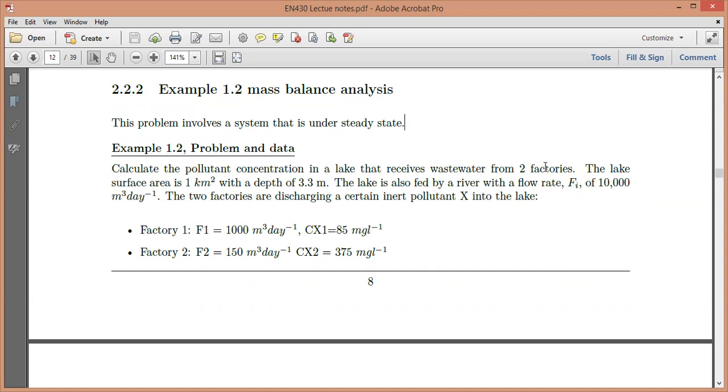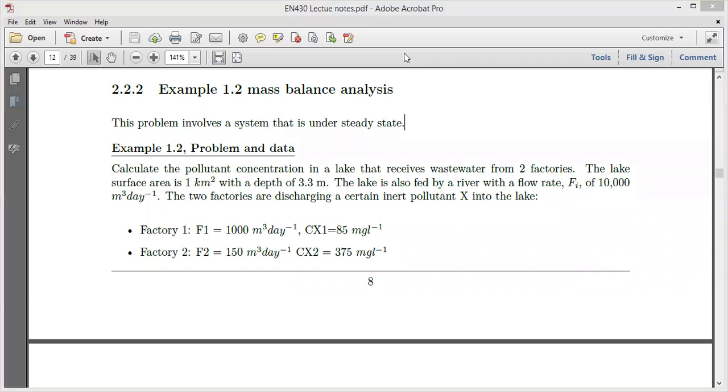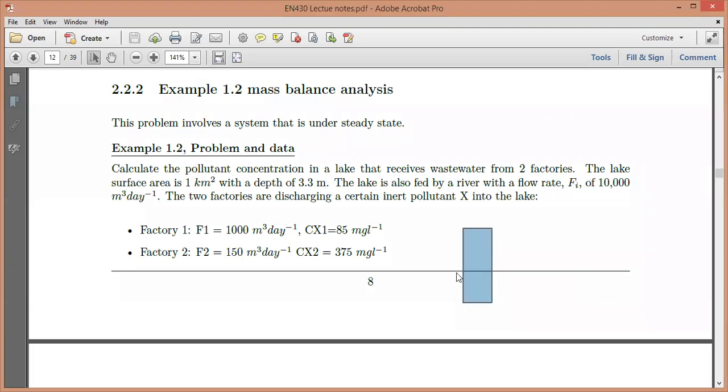So imagine there's a lake, and this lake receives wastewater from two factories, two separate factories.